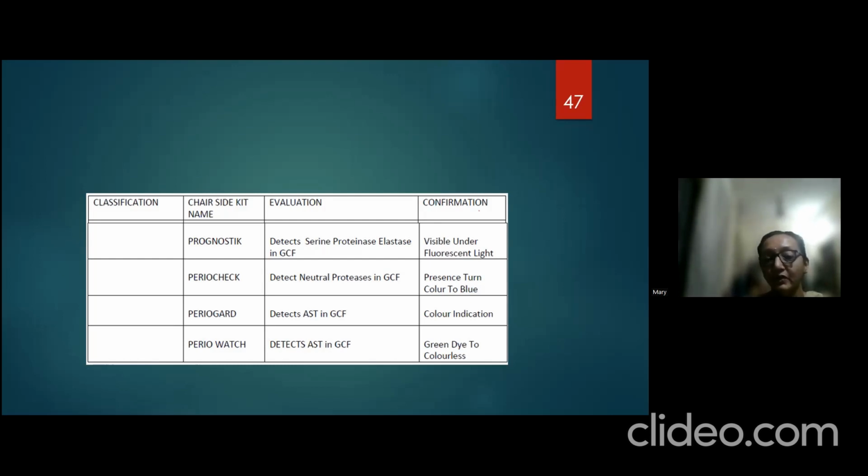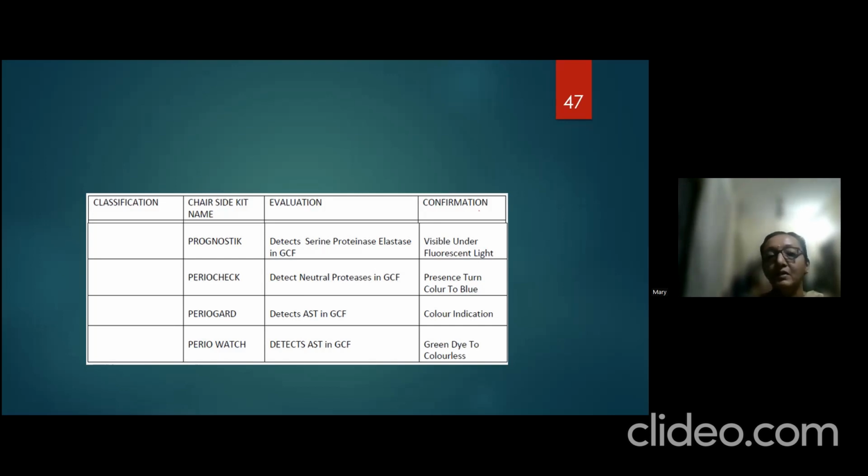Another chairside kit is the PerioGuard. Here it's used for detection of AST levels in the GCF. Here again there is a color code given in the chairside kit. And Perio Watch is another kit which detects the AST levels in the gingival crevicular fluid. Here the green dye present in the Perio Watch kit turns colorless, which is indicative of the presence of AST in the sample.